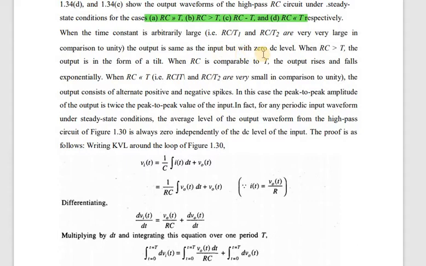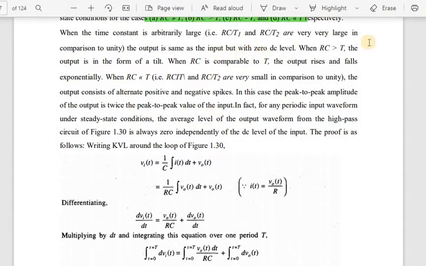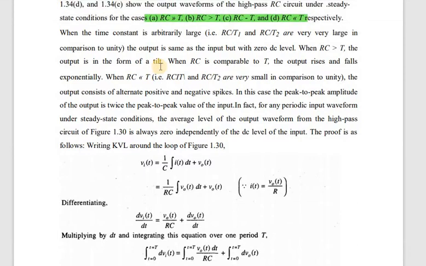Now with the condition RC greater than T, the output is in the form of a tilt, a small tilt over here in this part. When RC is comparable to T, when it equals T, the output rises and falls exponentially.